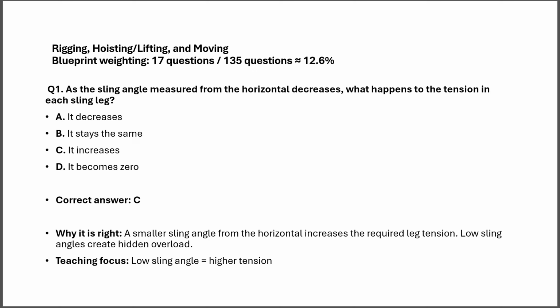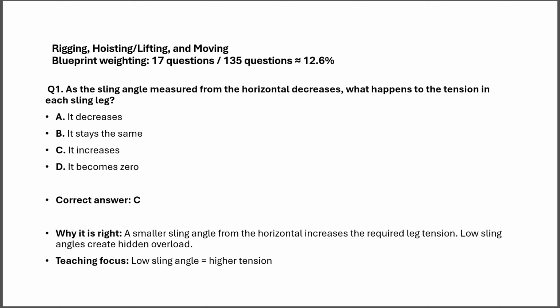Question 1. As the sling angle measured from the horizontal decreases, what happens to the tension in each sling leg? A. It decreases. B. It stays the same. C. It increases. D. It becomes 0.